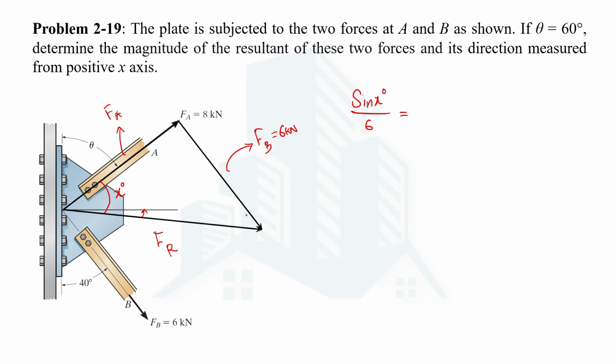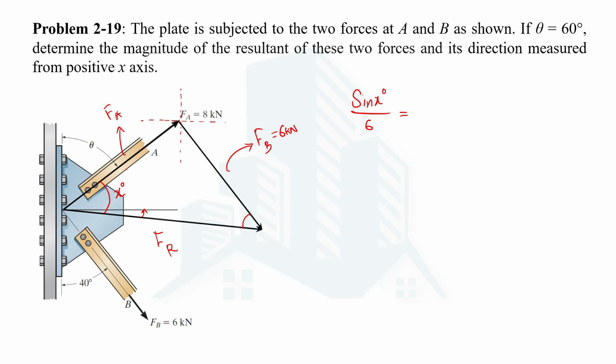now in this triangle we need an interior angle which should be known to us. This interior angle cannot be determined because we don't know the direction of Fr, but we can determine this interior angle with a bit of geometry. So let's draw the imaginary lines here. So this is the imaginary x-axis and this is the imaginary y-axis. So this theta is 60.